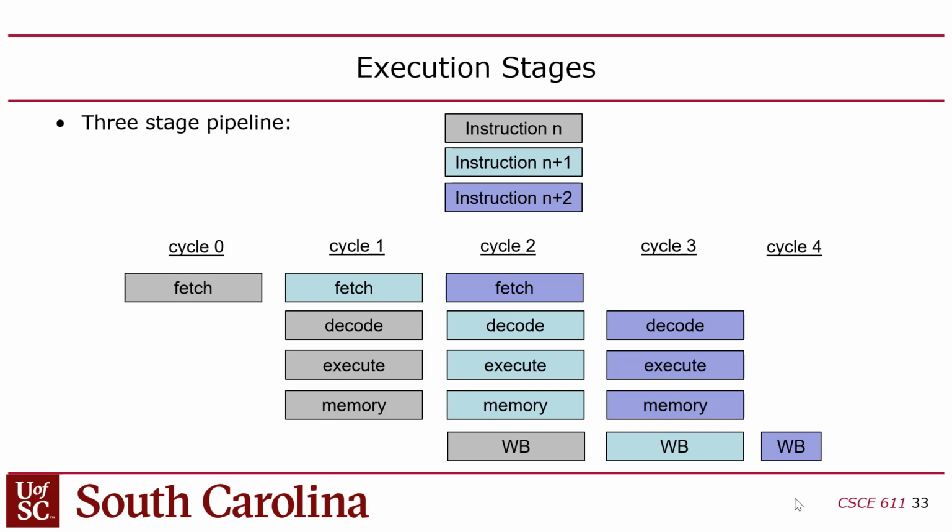now we want to also have other instructions executing at the same time. So while the purple instruction, the third instruction, is fetching, we're going to be executing the blue instruction and writing back the gray instruction, right? This is always weird to think about, but the instruction that was fetched sooner will be later in the pipeline.